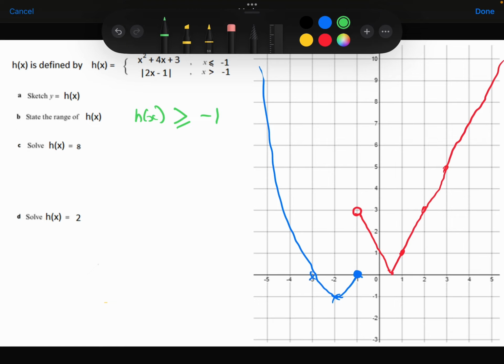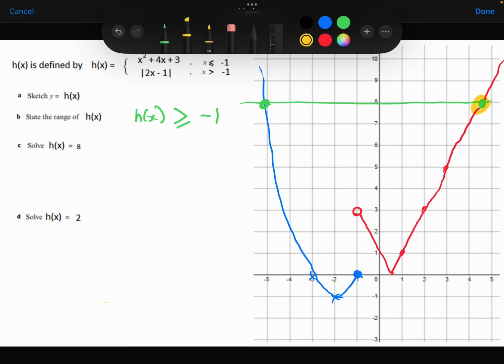Part C says to solve, h of x is equal to 8. So 8 on my graph is here. So I can see there's two solutions. There's the solution to the quadratic there, and there's a solution to the modulus graph there, and remembering that this is the part of the graph that was not reflected by the modulus.